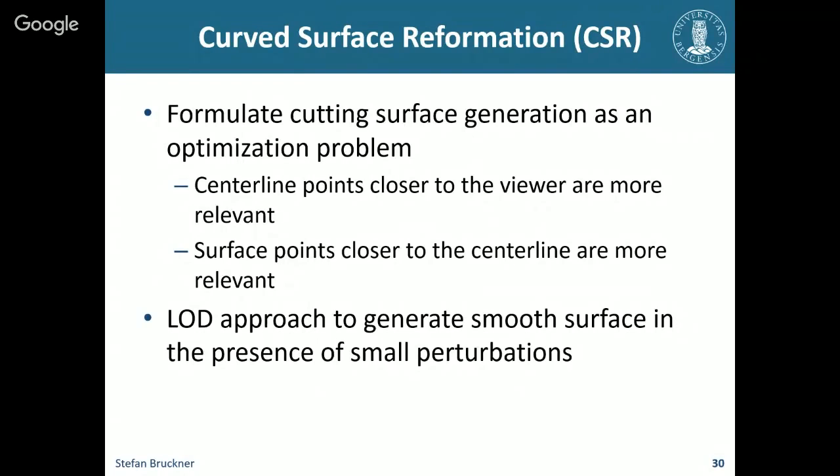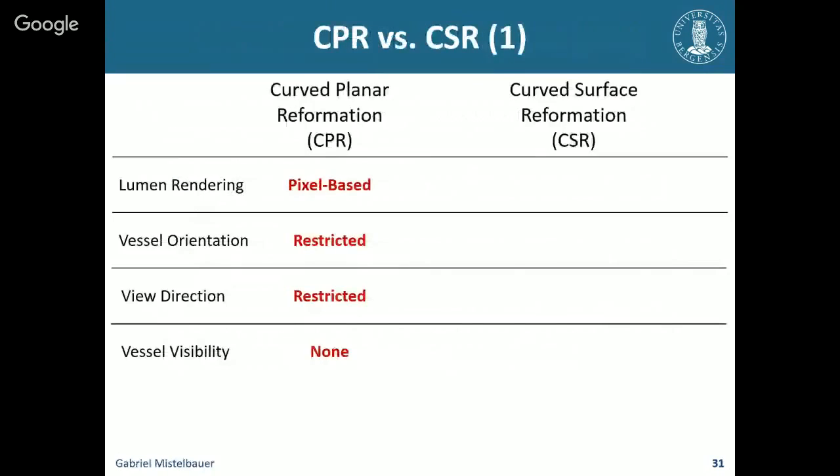Then we can use a level of detail approach to generate a smooth surface that also behaves well in the presence of small perturbations, for example, of our center line. Compared to CPR, we can then use, for example, a raycasting algorithm to visualize this surface, where we simply take the surface as a starting point. We have no problems with vessel orientation and direction, and we also get a sense of vessel visibility in terms of their three-dimensional arrangement.